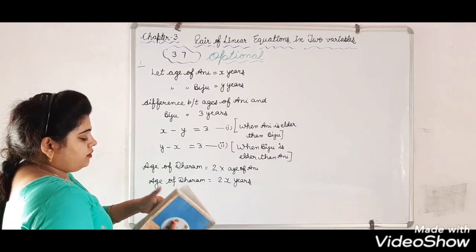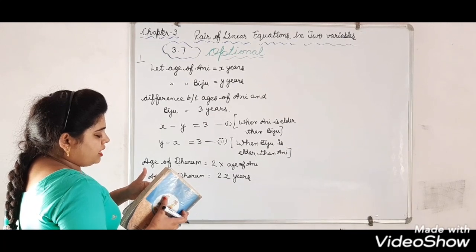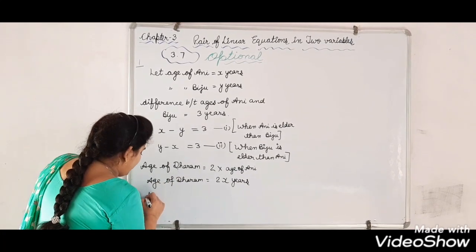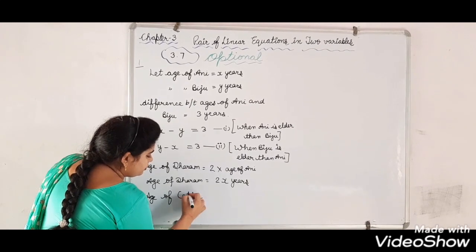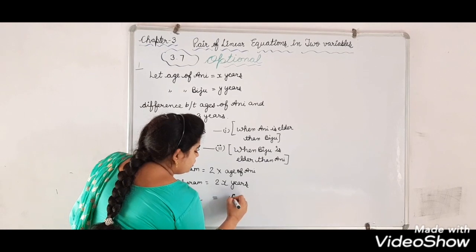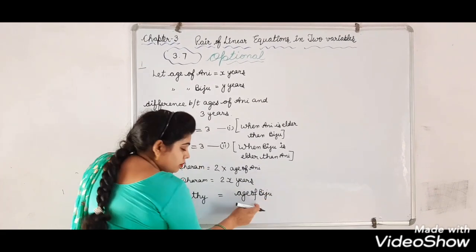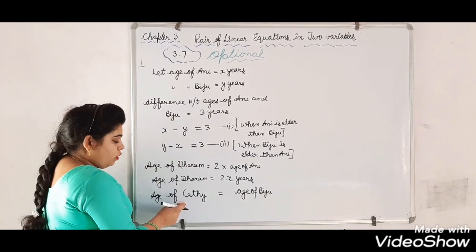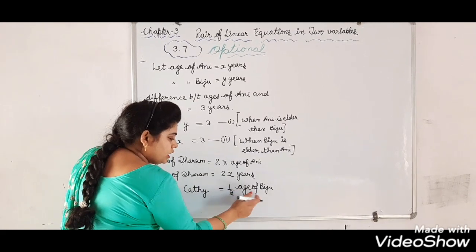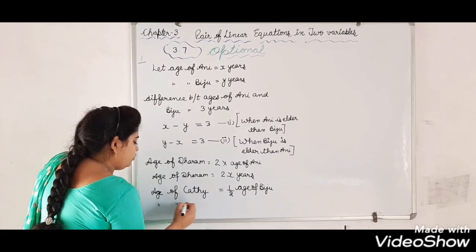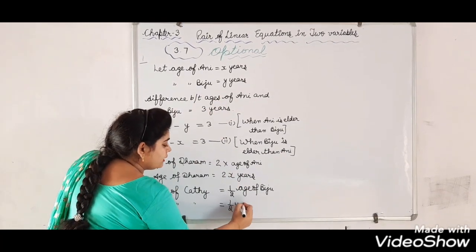In next line it is given that Biju is twice as old as his sister Kathy. Biju is twice of age of Kathy, means age of Kathy is 1/2 of age of Biju. So age of Kathy is equal to 1/2 into y years.